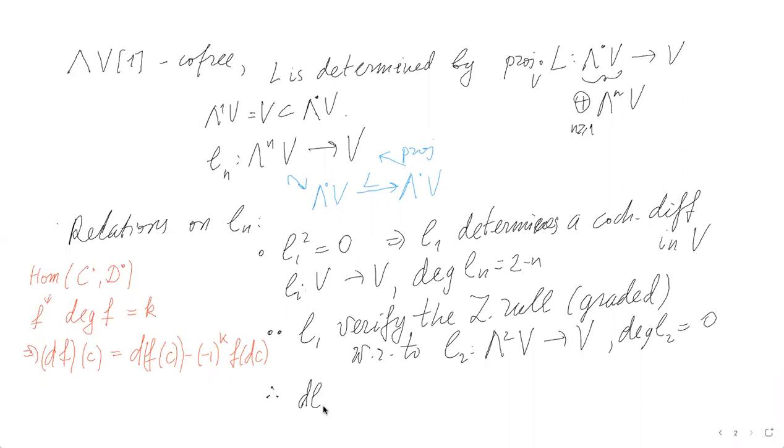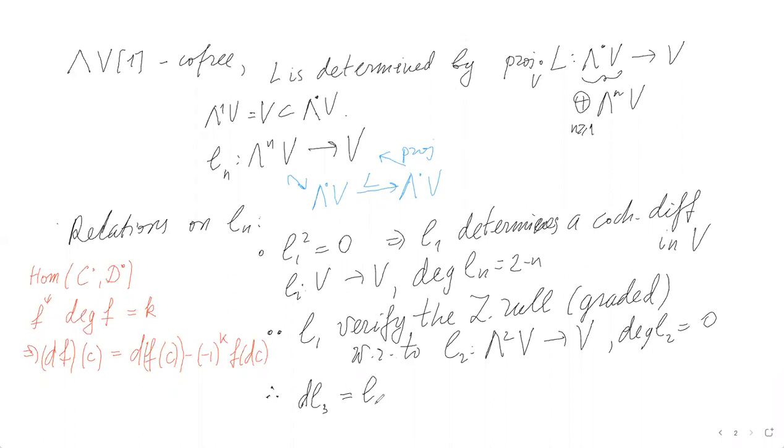I have d of L3. D of L3 is a map, and this map should be equal to what they call the Jacobiator of L2. Let me write it down as Jacobiator.